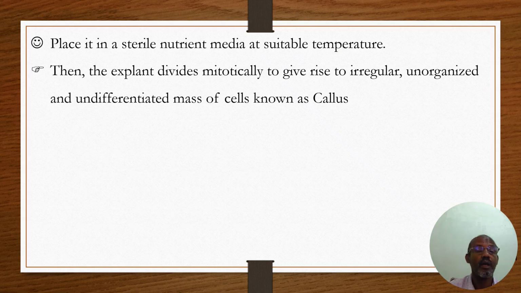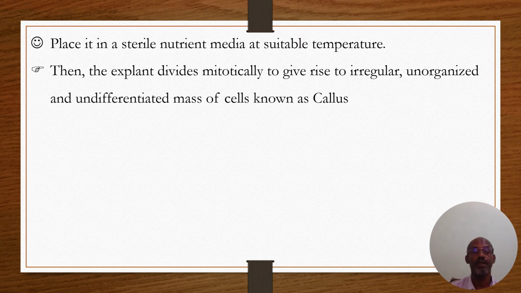Then place it in a sterile nutrient media at suitable temperature, totally sterile, free from microorganisms and contamination. We should not contaminate the media. The medium, singular of media, is a surface in which nutrients for cell division are applied, plus appropriate plant growth regulators or plant hormones.